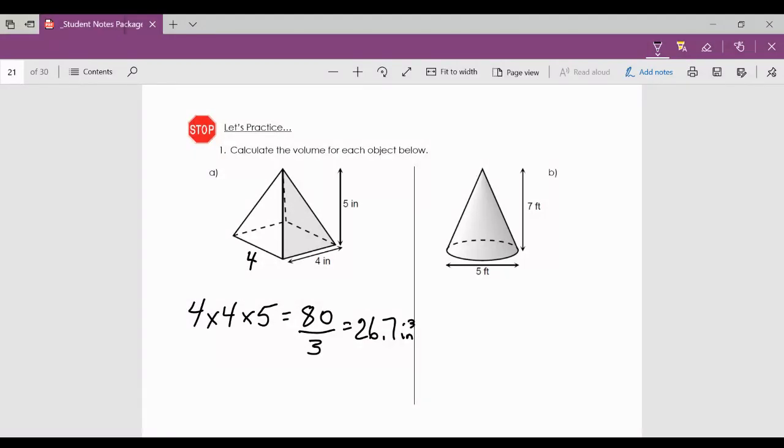Let's try this cone. The base is a circle, and because it's indicating that the diameter is 5, that means the radius is half of that, or 2.5.